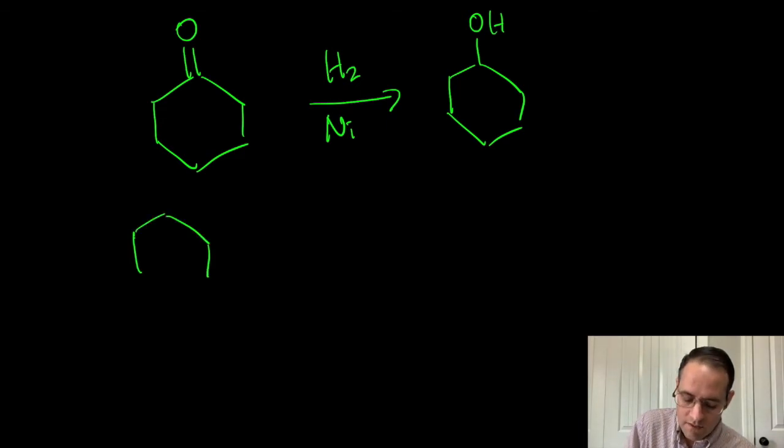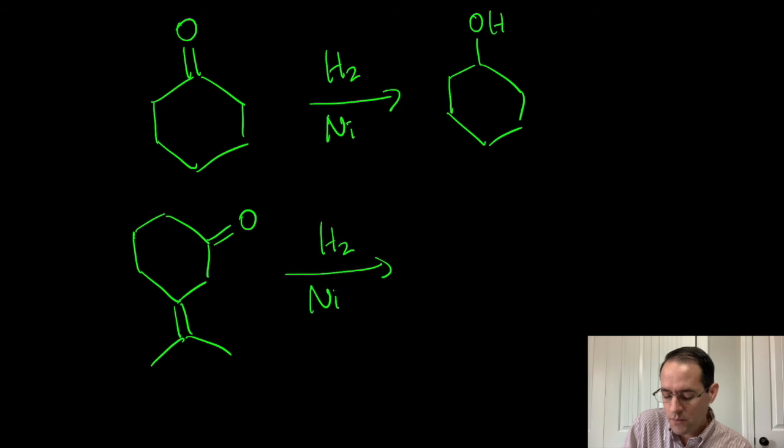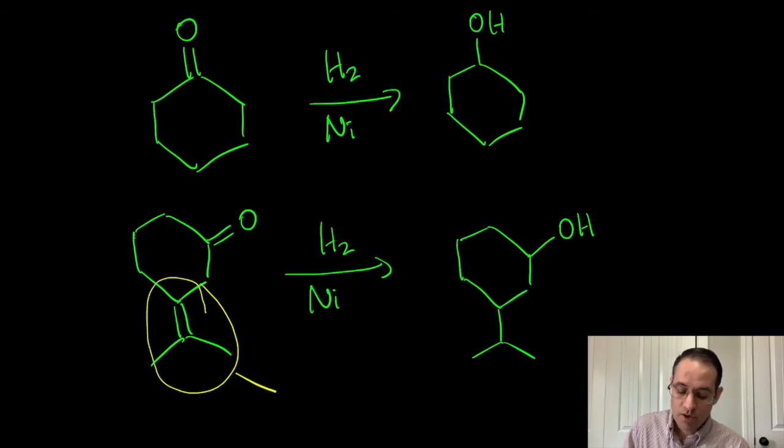So if you take a molecule that has a double bond in it, and we treat this with hydrogen with a platinum maybe or a nickel catalyst, there's going to be mixtures of cis and trans here, but we'll just draw a stick drawing. You'll form the alcohol, which is what you want, but also you'll form the alkane, all right? So remember that this functional group reacts with hydrogen.